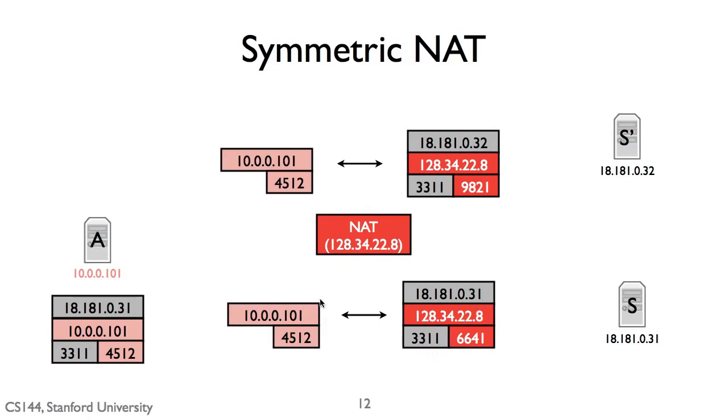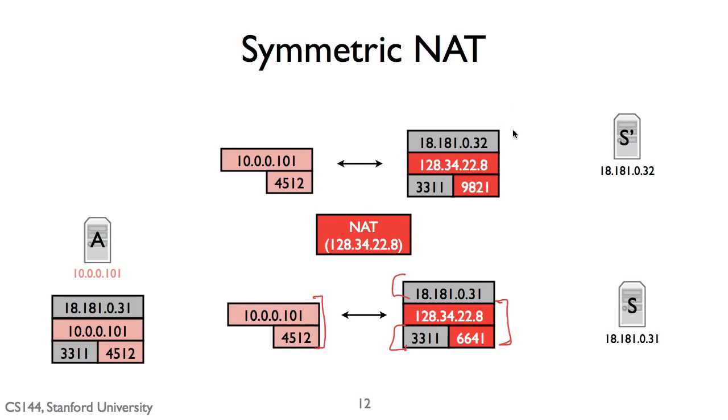So the NAT sets up a mapping between this internal address port pair and this external address port pair, 128.34.22.8.6641. And so packets that A sends to port 3311 on this IP address will be translated to have this IP address and this port. However, if A sends packets to a different external IP address and port, like let's say even the same port and the IP address differs in 1 bit, so it's also sending packets to S prime of 18.181.0.32, port 3311, the NAT sets up a completely different mapping.